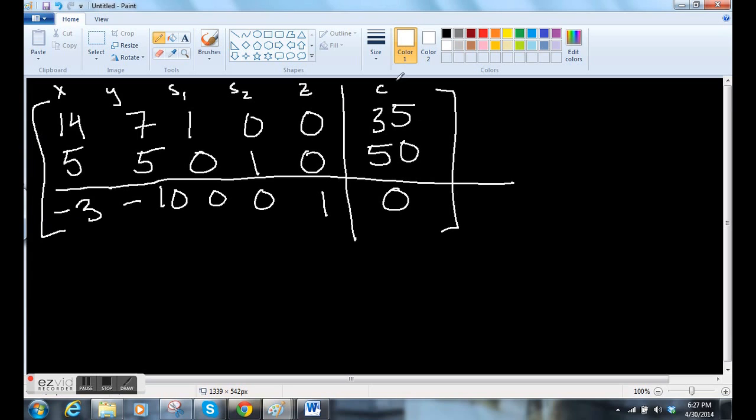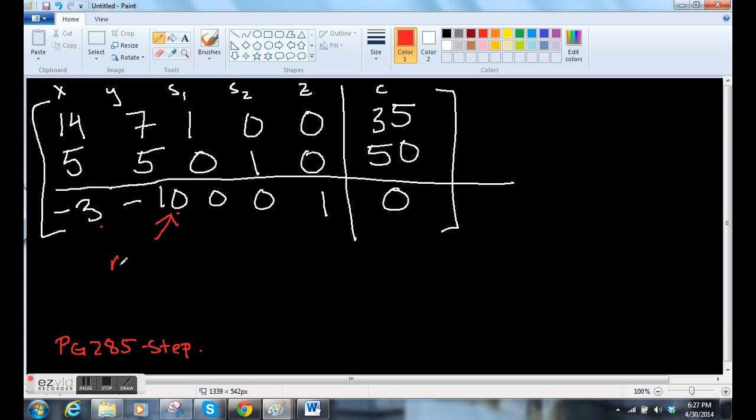Here's where we start. You can borrow heavily from the procedural box on page 285, where the book spells out step-by-step procedures. The first thing you do is look at the bottom row and notice the negative numbers.